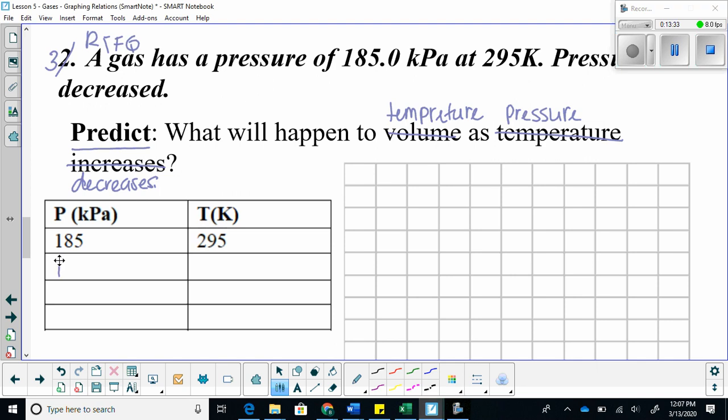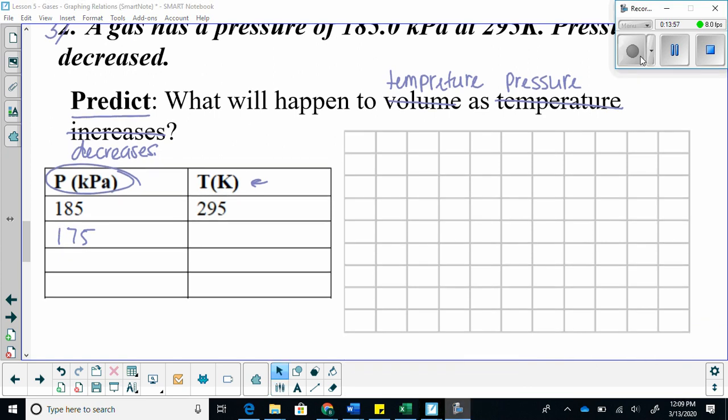So I would say maybe 175. You will be physically manipulating pressure on your own and seeing how temperature responds. I want you to choose different numbers from the people sitting beside you, and then I want you to see if your graphs look the same. Okay? That's all. That's the lesson for today. So you're going to work independently with this. Let me know if you have any questions.